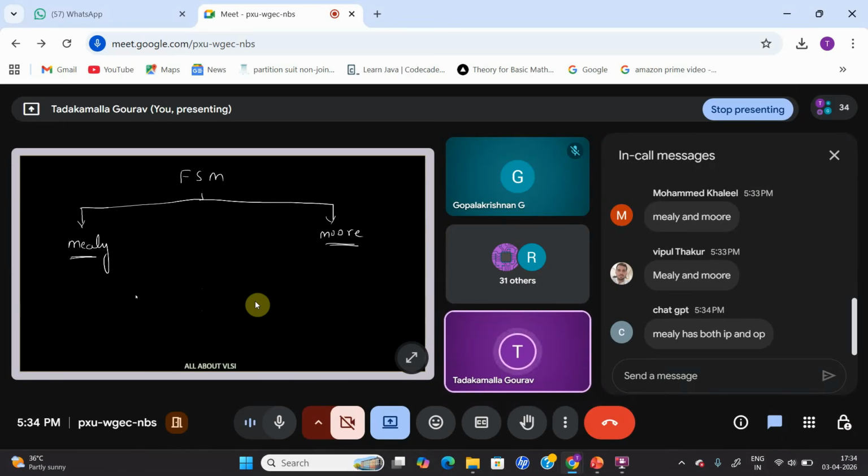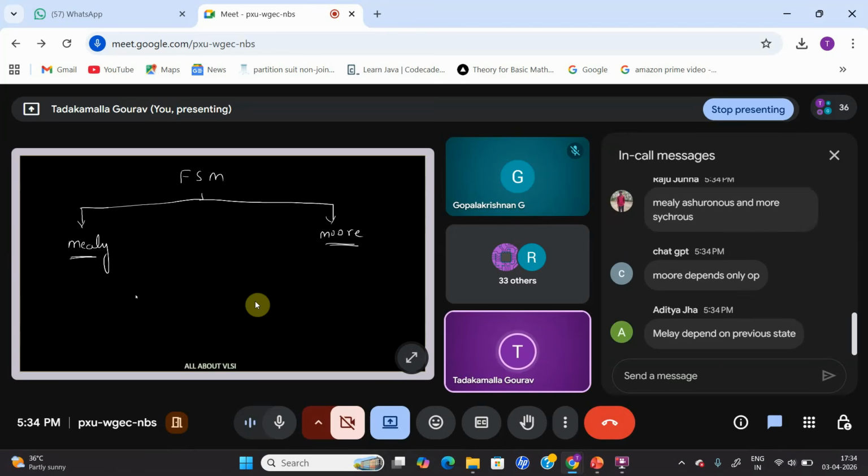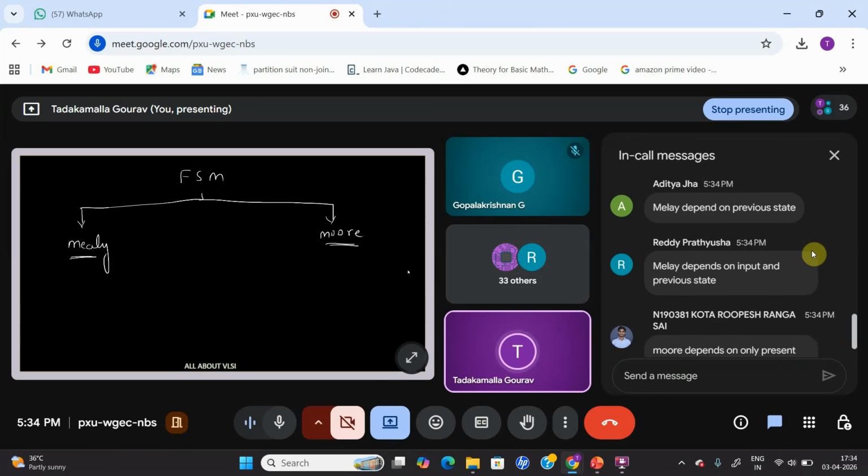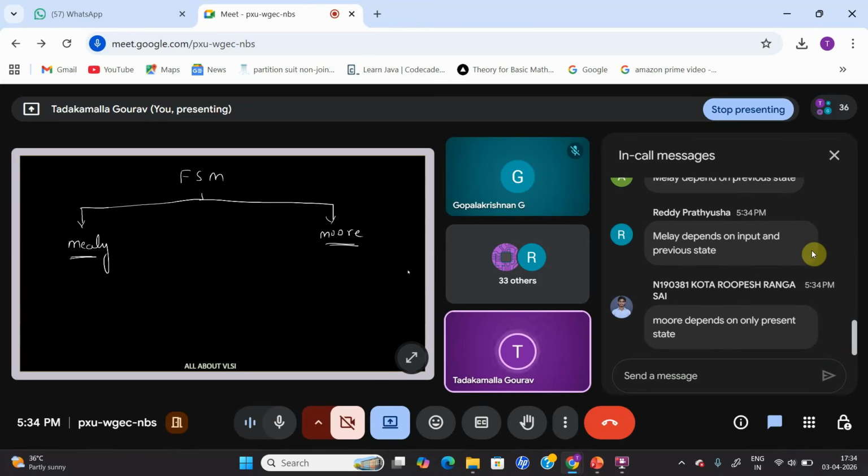Okay. Mealy is asynchronous and Moore is synchronous. Moore depends upon the previous state. Mealy depends upon input and previous state.